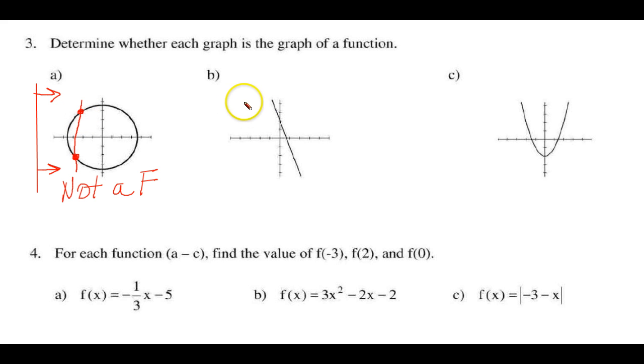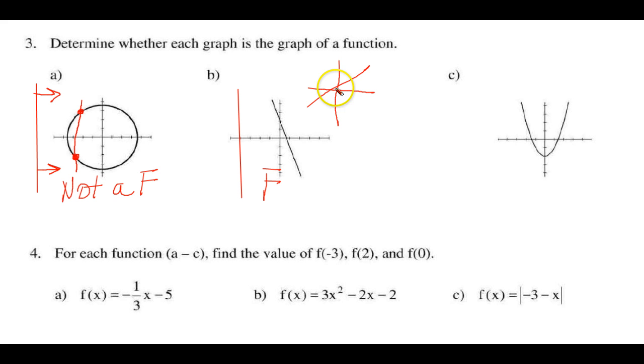Now, how about that vertical line here? Does it only intersect once as it moves across this negative slope? And the answer is no, it only intersects once. So it passes the vertical line test. So this is a function. Now, how about let's do the others. This would be positive slope.